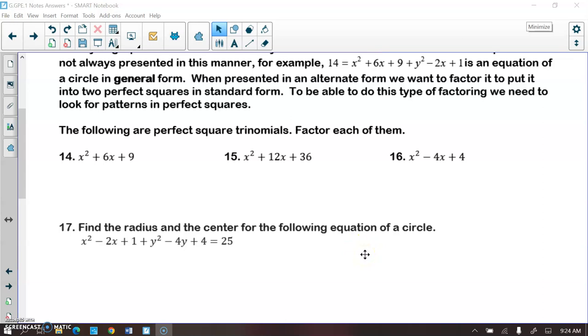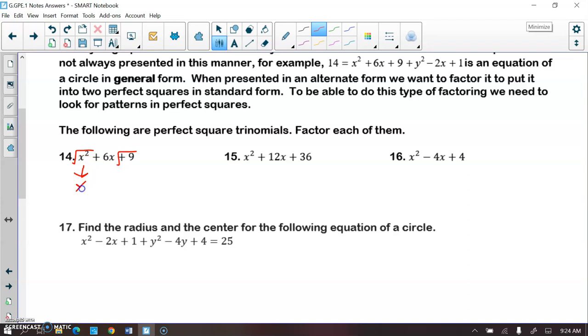A reminder that a perfect square trinomial is when you can take the square root of your first and last term. And when you take the square root of your first term and your last term, if you multiply these together and then multiply them by 2, you should get your middle term. A 3x times a 2 does give us a 6x. So this is a perfect square trinomial.